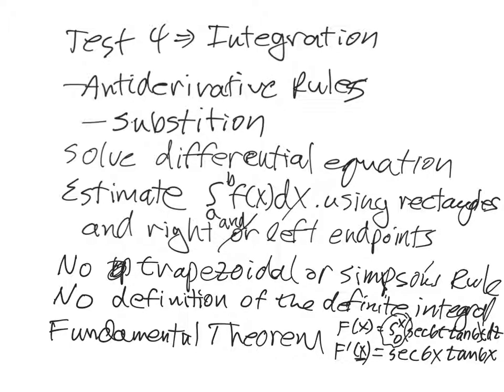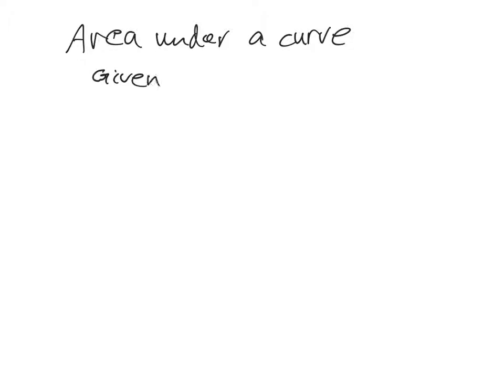So let's see. Other things from test 4. Area, we began looking at area under a curve. Definitely extended that some for test 5. And given a graph, number 18 on test 4, evaluate a definite integral based on the area.